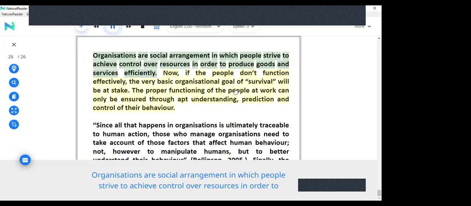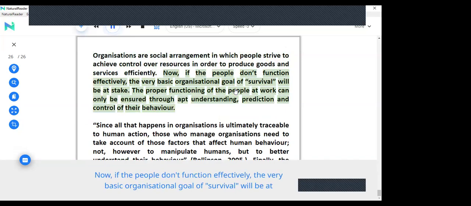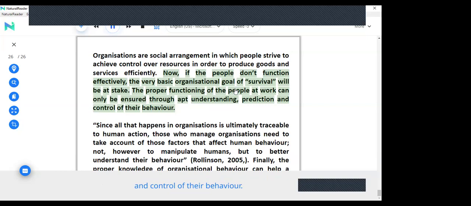Organizations are social arrangements in which people strive to achieve control over resources in order to produce goods and services efficiently. Now, if the people don't function effectively, the very basic organizational goal of survival will be at stake. The proper functioning of the people at work can only be ensured through apt understanding, prediction, and control of their behavior.